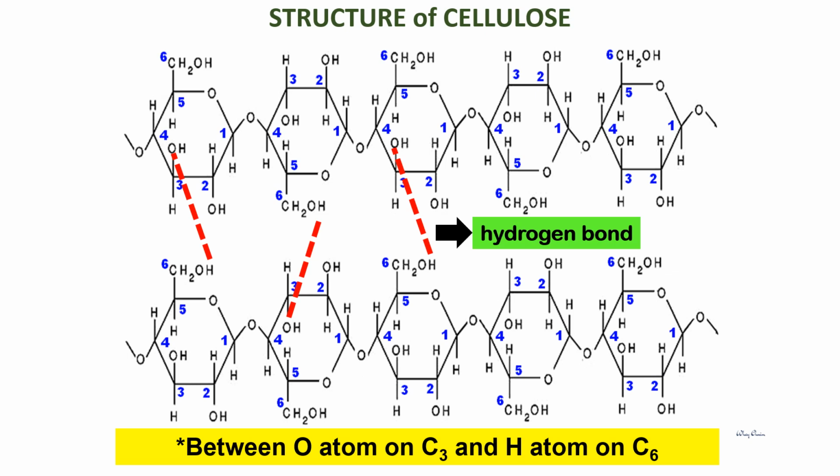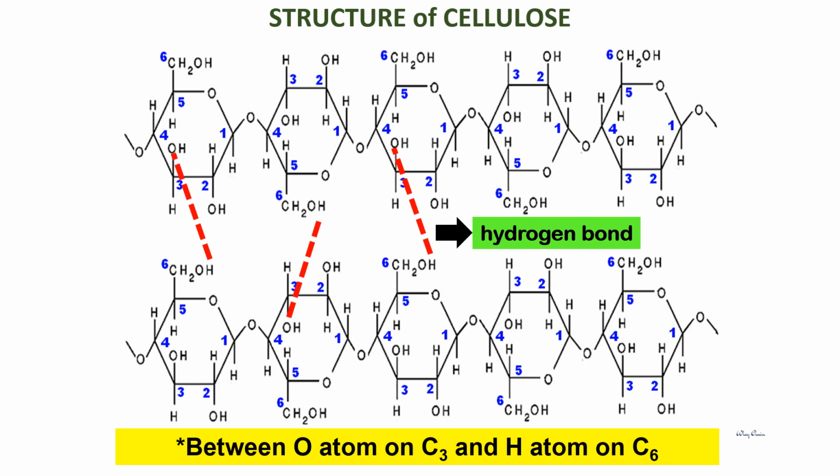So how the hydrogen bond is formed actually involves the OH group between C3 and C6. So for the first strand, ini benang atas, and the second strand, benang yang kedua ini, macam mana dua-dua benang ini dijarakkan dan susunan dia selalu pastikan selari sebab hydrogen bond akan dibentuk antara the O atom from carbon number 3 with the H atom of carbon number 6.